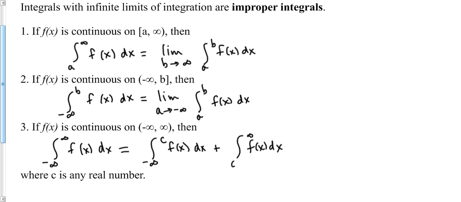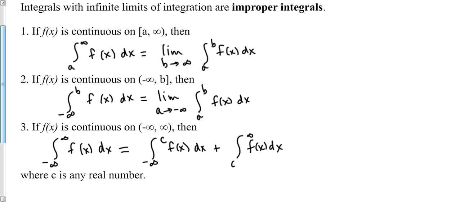Number 2, if f of x is continuous on the interval from negative infinity to b, then the integral from negative infinity to b of f of x dx becomes the limit as a goes to negative infinity of the integral from a to b of f of x dx. So basically what we're doing is replacing that plus or minus infinity with some variable, a or b in this case, and then letting a or b go to plus or minus infinity respectively.